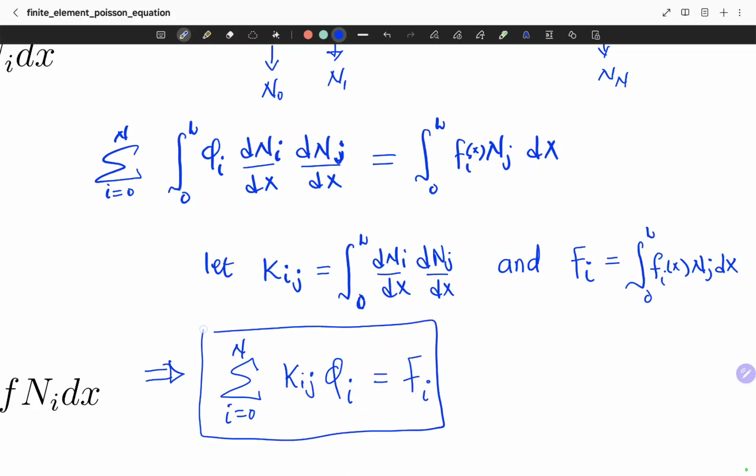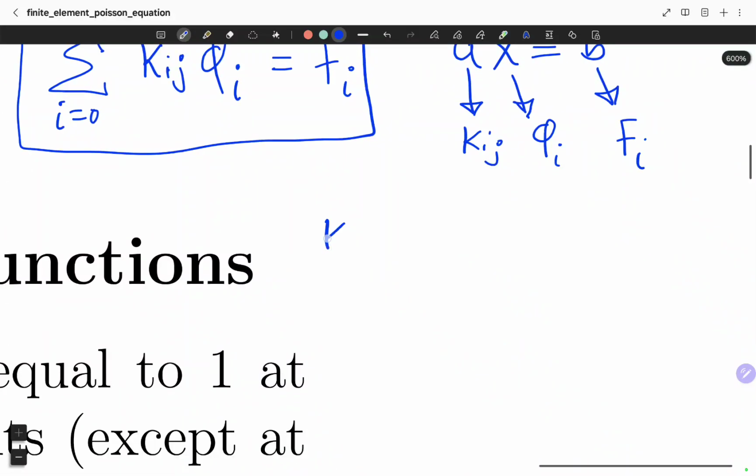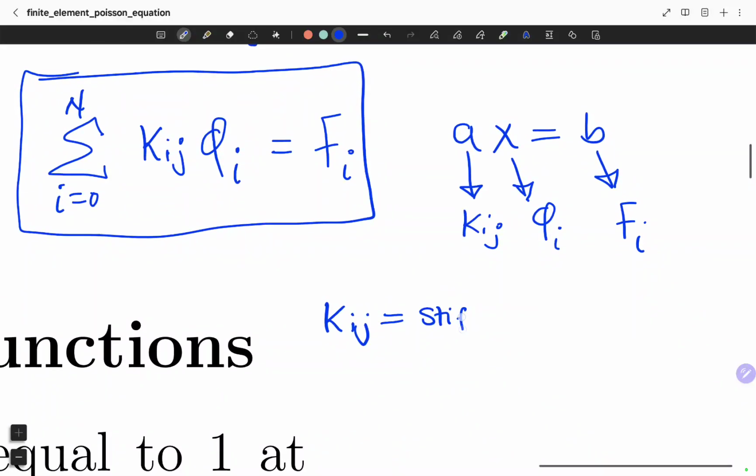That's the matrix equation we would like to solve. This is in the form AX equals B, where A is the Kij, and X is what we want to seek, and B is the Fi. Now this Kij has a name, so Kij is called stiffness. Just a name. The engineers give it a name, but it's just a matrix, and you call it the stiffness matrix.